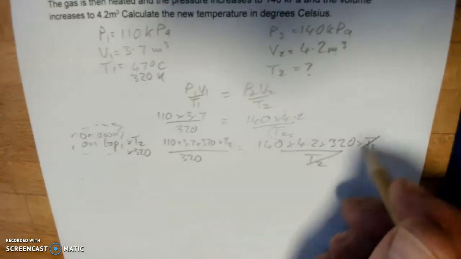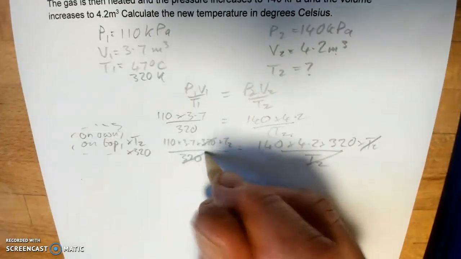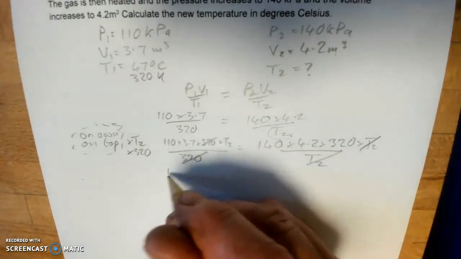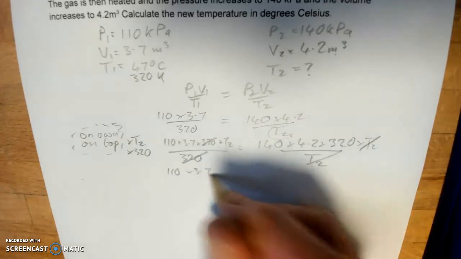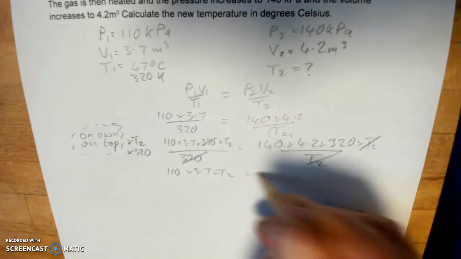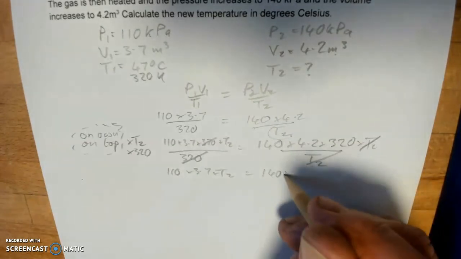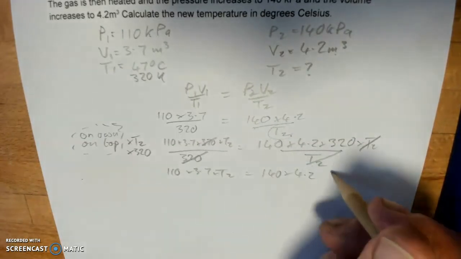T2 cancels, 320 cancels. So we're left with 110 times 3.7 T2 equals 140 times 4.2 times 320.